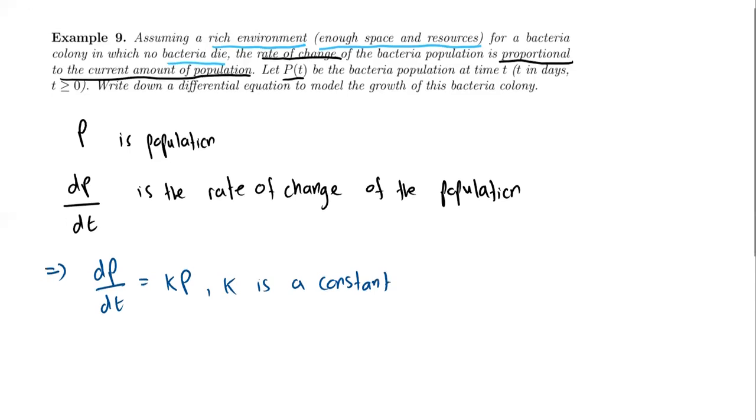Now this is something that models the growth of the bacteria population, because here we have an expression for the growth, or the rate of change, of the population. You can think of it as a growth rate if it's increasing, or decay rate if it's decreasing. So this is our model that gives us the growth of the bacteria colony.